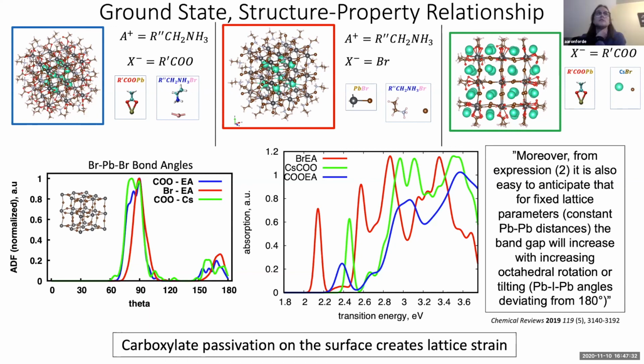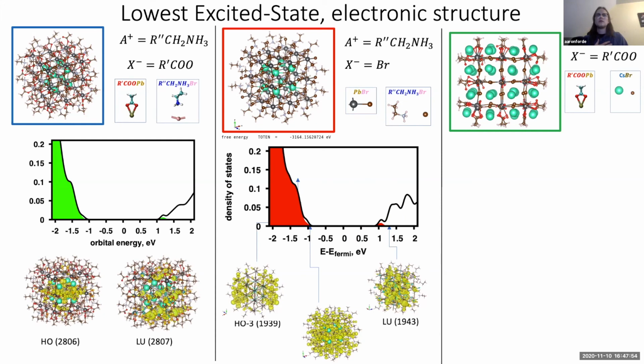So those are the main takeaways from looking at the ground state electronic structure, and all the models are fully passivated. So the next slides will look at the excited state structure with all of the surface sites passivated.